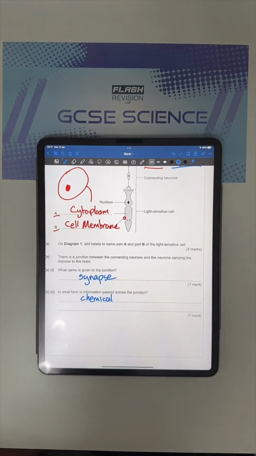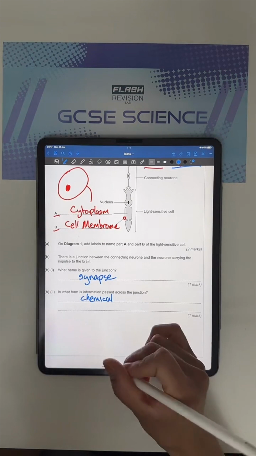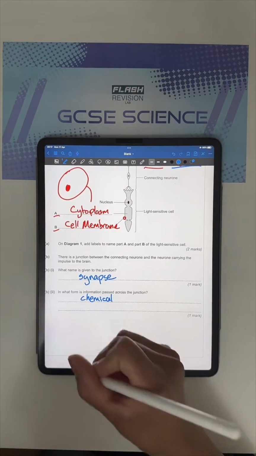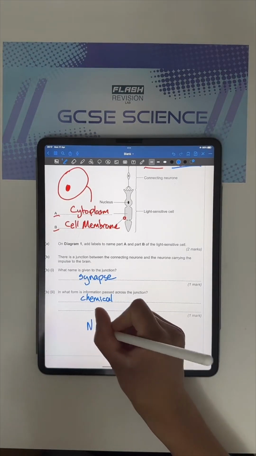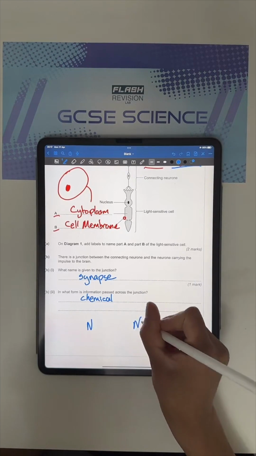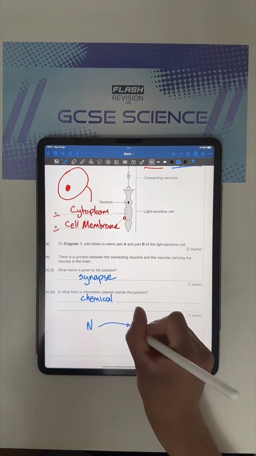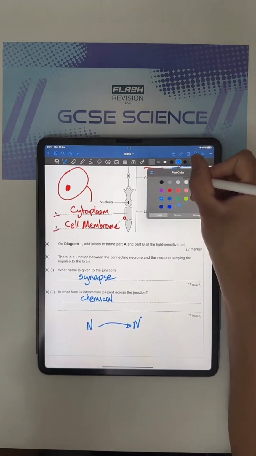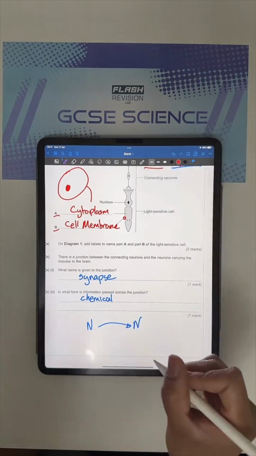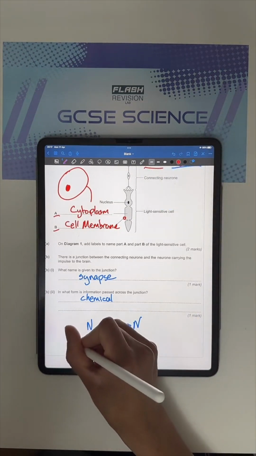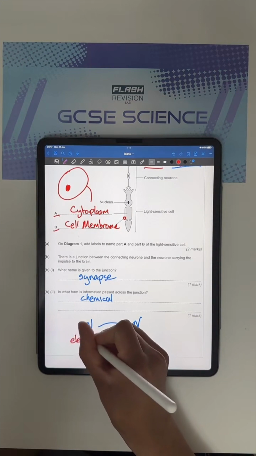So let me re-explain. You've got the synapse. It goes from one neuron to another neuron through a gap. When it goes through the gap, it starts off as an electrical impulse.